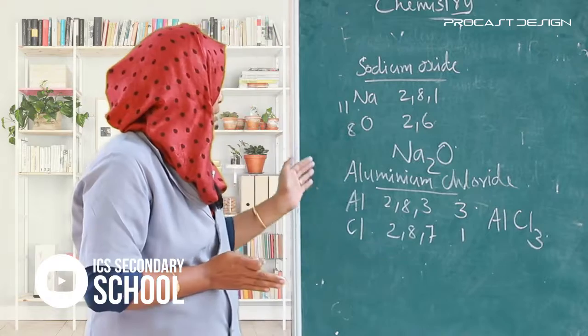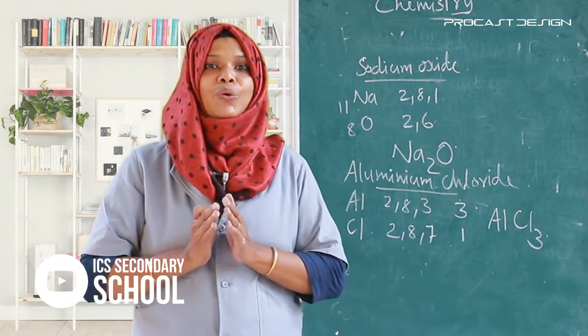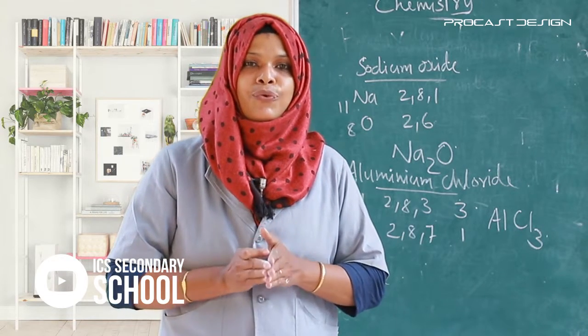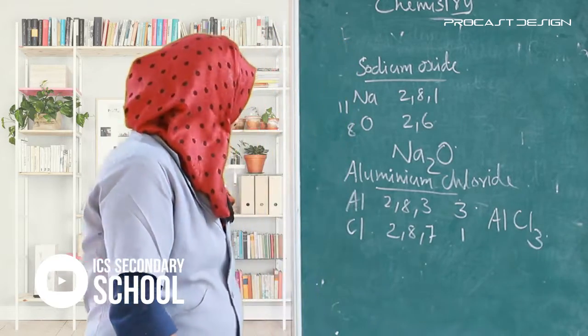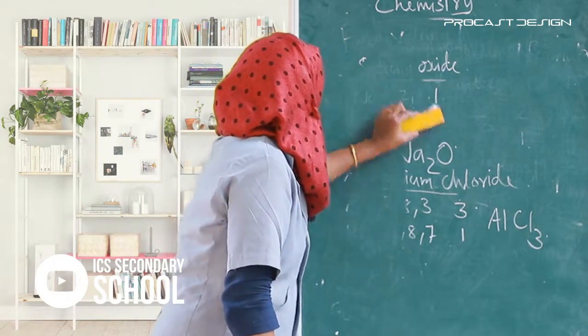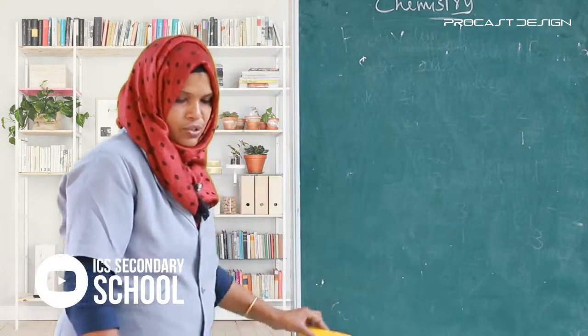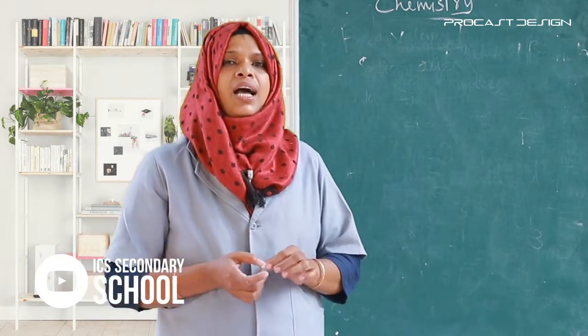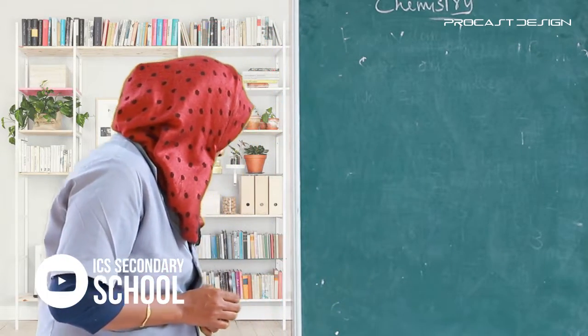We can find out that valency plays an important role in formulating chemical formulas. Then next, another way to represent the chemical formula is: first one, can you write the chemical formula of aluminum oxide?